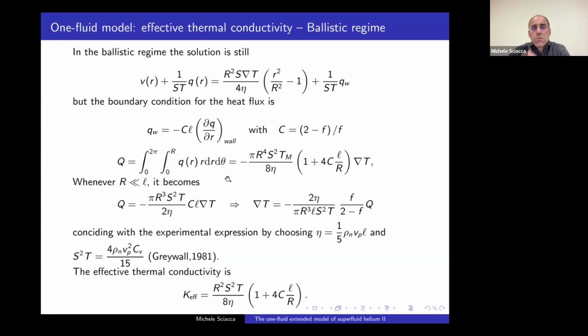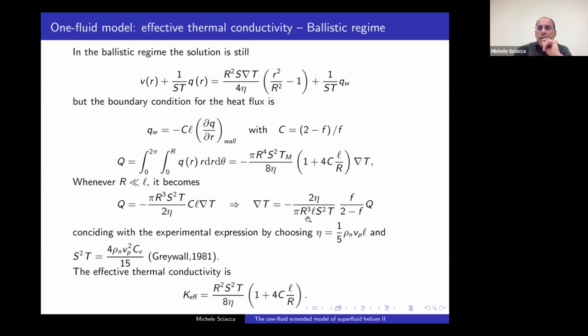We arrive at this expression for the relation between the external heat flow, capital Q, and the temperature gradient. In the case where R is quite small compared to the mean free path L, we arrive at this expression, which is the exact expression found in the experiments below 0.7 Kelvin by Grewal.